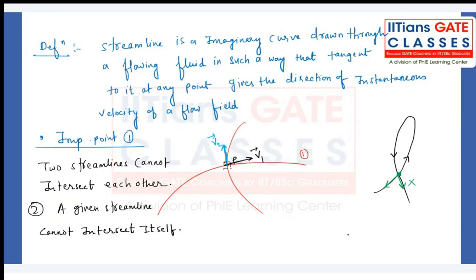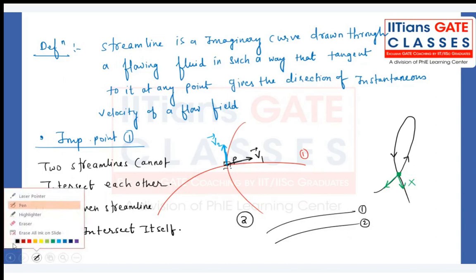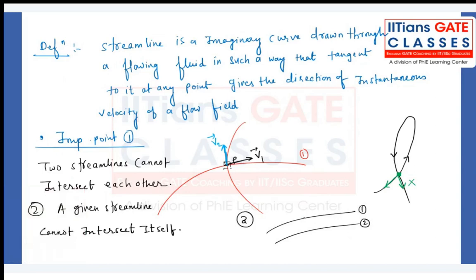And the third point: suppose there are two streamlines, one and two. Whatever tangent you are drawing gives you the net velocity directly, right? Whatever the flow direction is, it is there because of the net component.